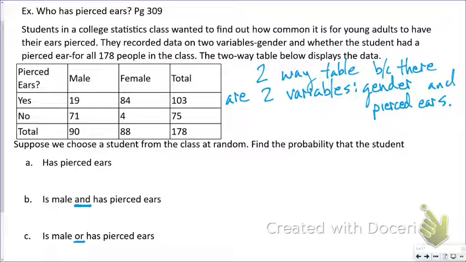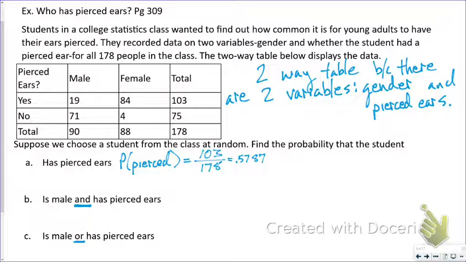All right, so if it just generally says probability of pierced, you can write it like this, and you add up all the pierced ears. Looks like it's added for us to 103, and there's no like if or of. That means they're referring to the grand total, so 178, which also is 0.5787.